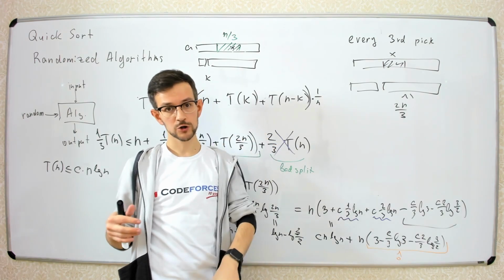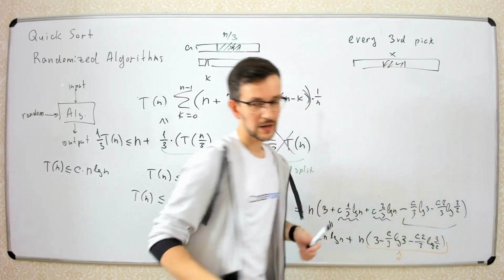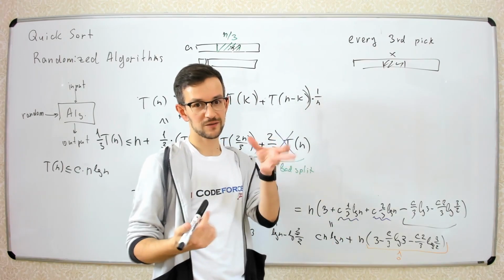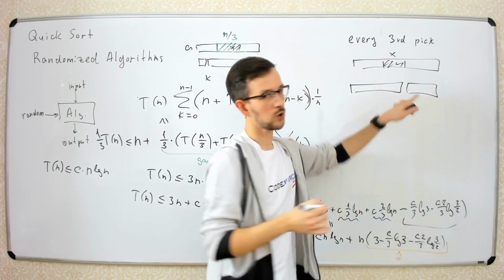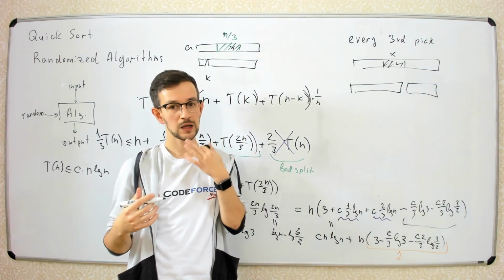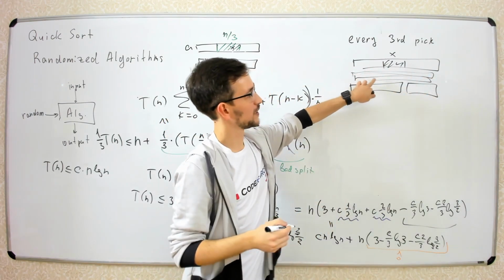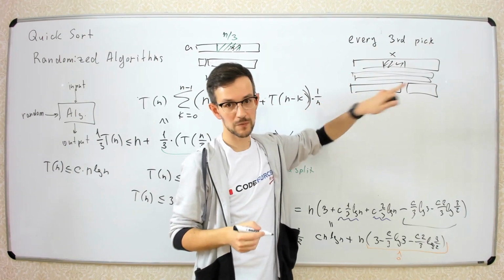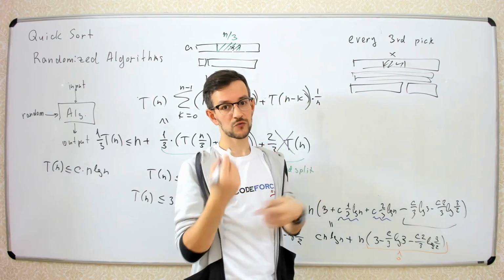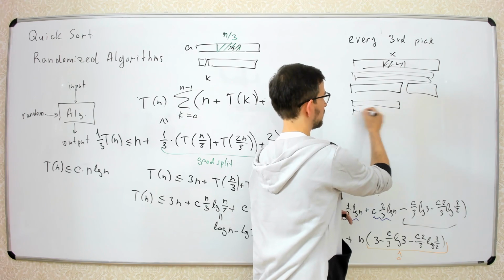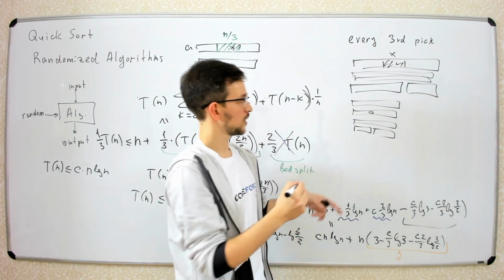So the depth of the recursion will be again logarithmic. You have this big array. After about 3 random picks, you will split the array into two parts, each at most 2/3 of n. Now again, you make some wrong picks, and then you make a good pick. Next, again, you take this part, and after about 3 picks, some bad and then a good one, you pick an element from here and split, and so on.